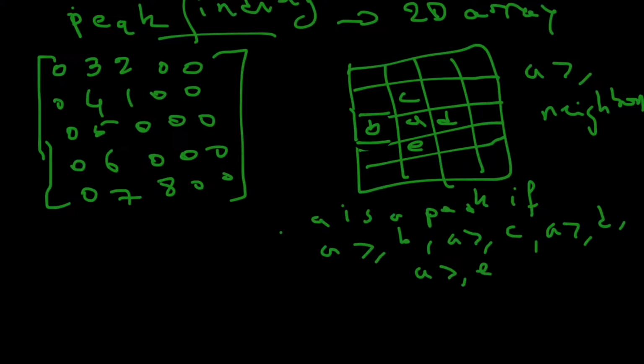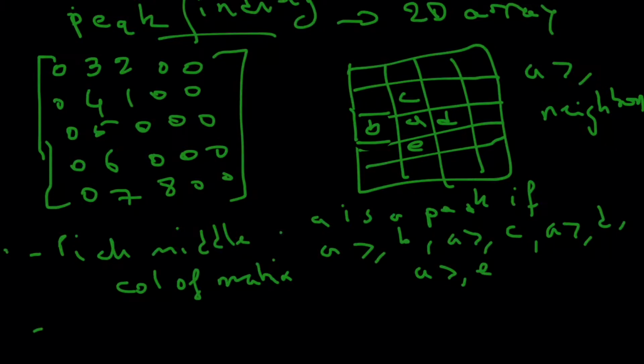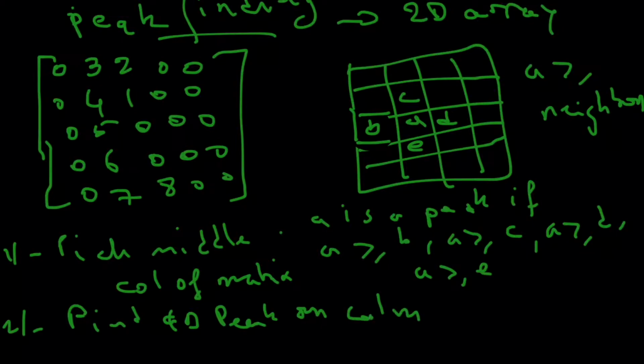Now how can we find the peak element of this? So we know how to do it for 1D. So one solution that you might think of is to pick a column, like the middle column of the matrix, and so this is the first step. After that, do a find one peak, like we did earlier, find the 1D peak on that column, the middle column.